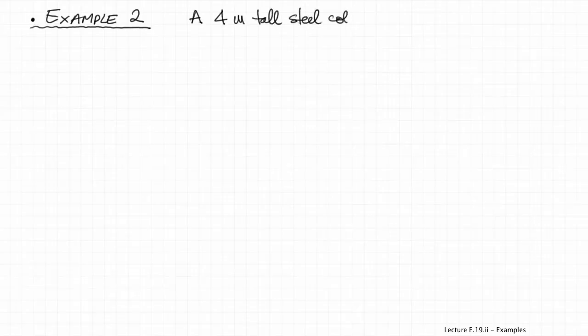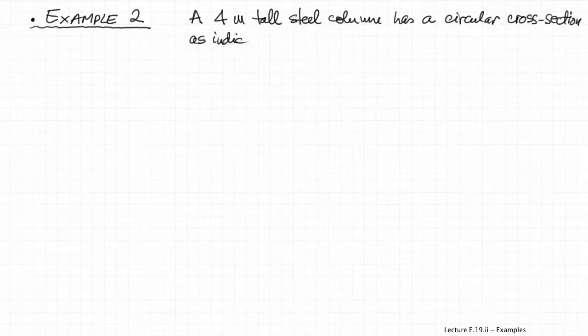Now, let's continue with a second example, in which this time we will consider a steel column, which is 4 meters tall and has a circular hollow cross section, as I will show shortly in a simple diagram.